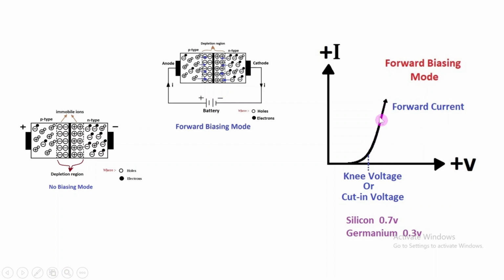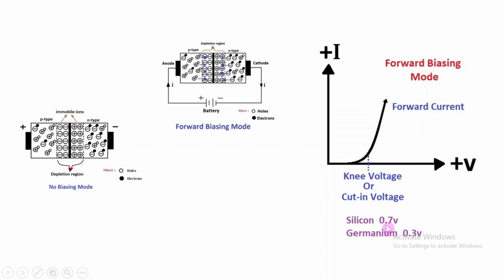It will no longer remain a semiconductor material. Above this voltage, it behaves as a conductor. The voltage after which the current increases abruptly is called the knee voltage or cut-in voltage.